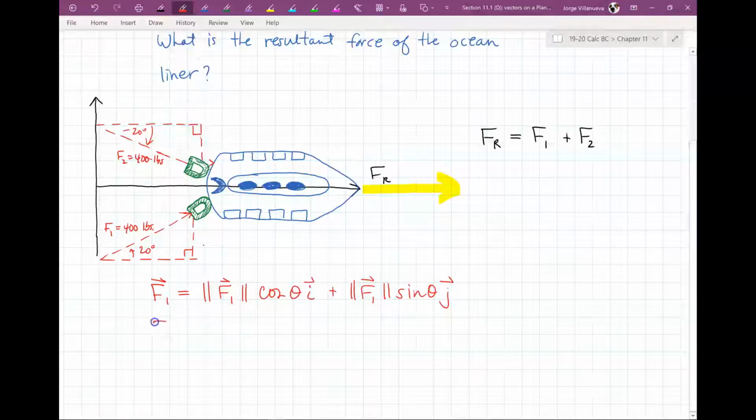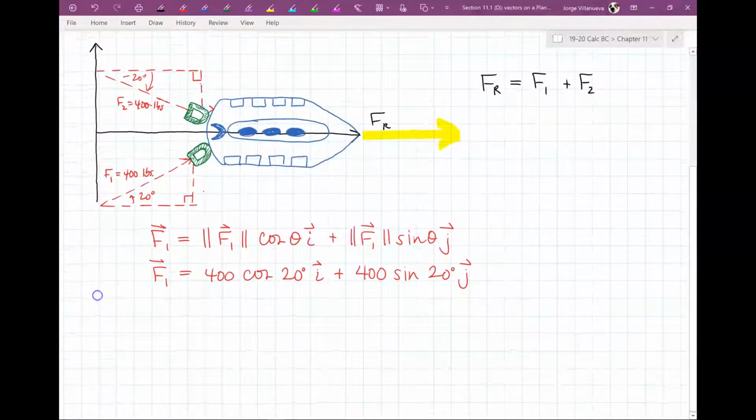So I'm just going to write force 1 is 400. Then for cosine of theta, I look at the angle given to us, a 20-degree angle. So 400 cosine 20 degrees i, plus 400 sine of 20 degrees j. There we go. We're done with that, not that hard to do. We wrote it out, and that's our first force.